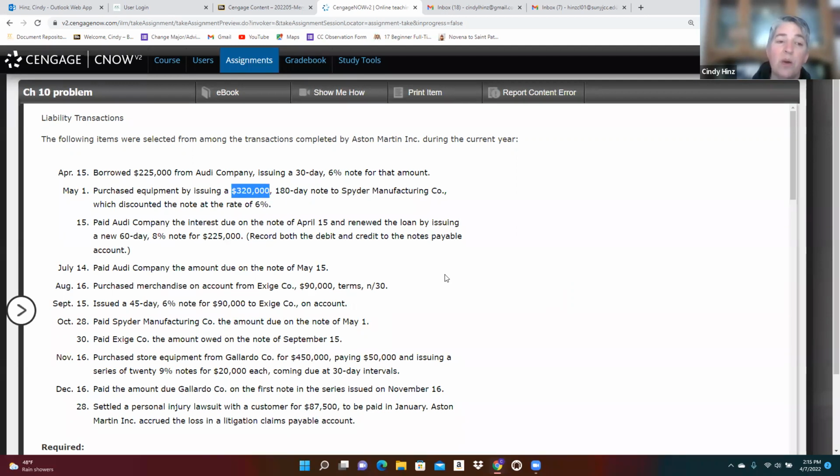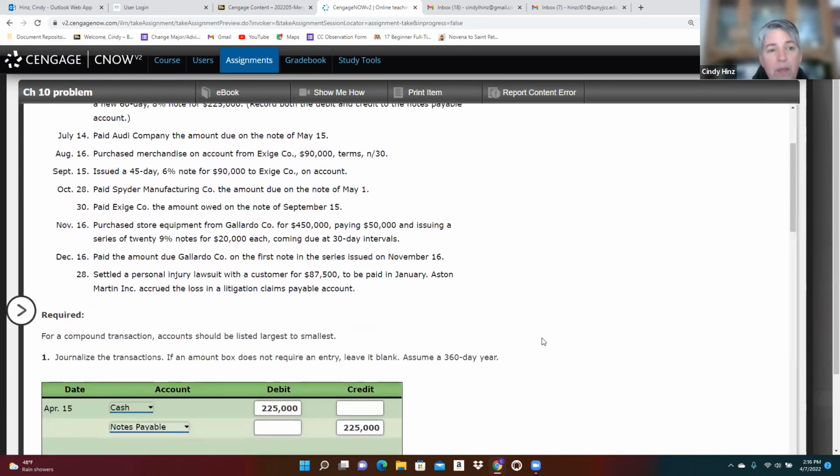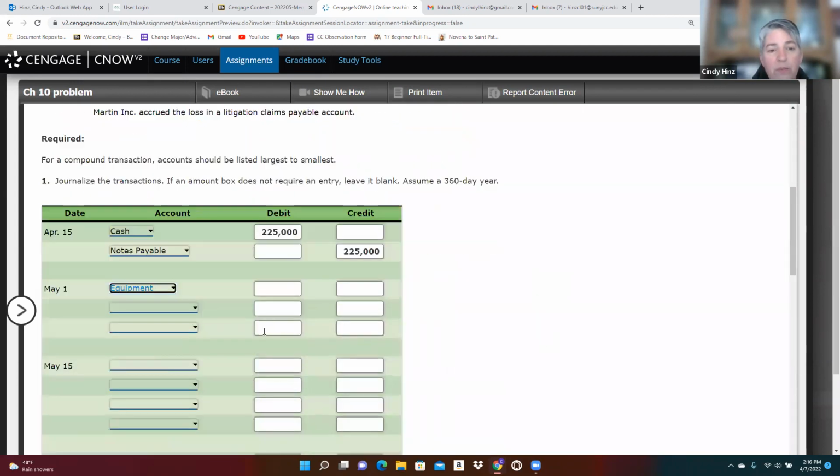So now we have the equipment we can use, but again, 6 months from now, we'll need to pay for the equipment along with 6% interest to compensate Spider for allowing us additional time to pay. So the equipment had a value of $320,000.